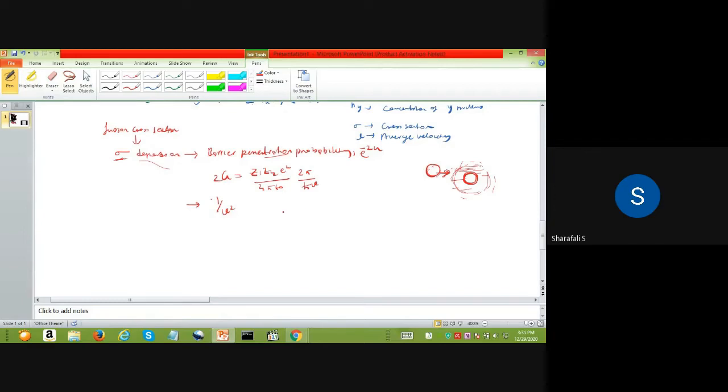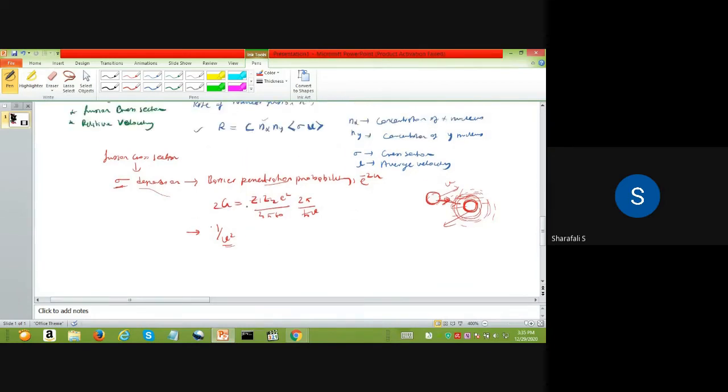In other words, if these nuclei are moving with high relative velocity, then the fusion cross section will be smaller, so the nuclei have to come very close to each other for nuclear fusion to happen. So the fusion cross section is an important parameter. It depends on the penetration probability and the relative velocity of the nuclei.